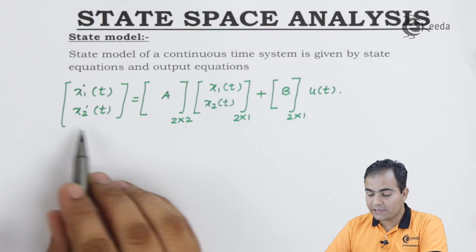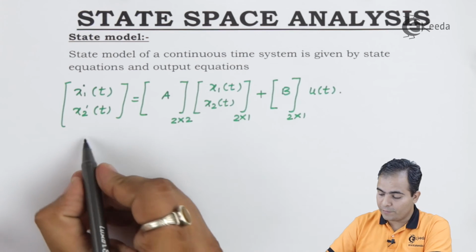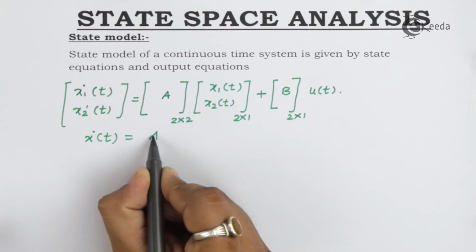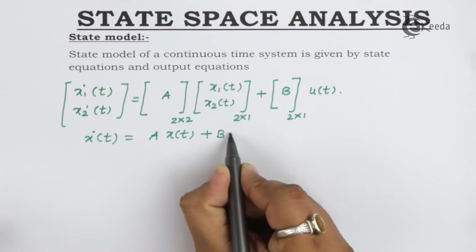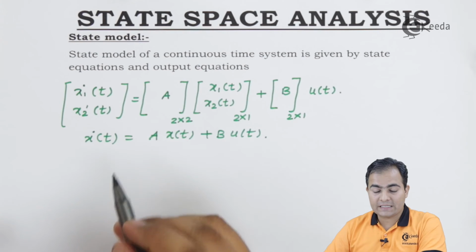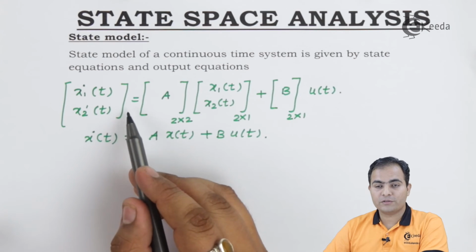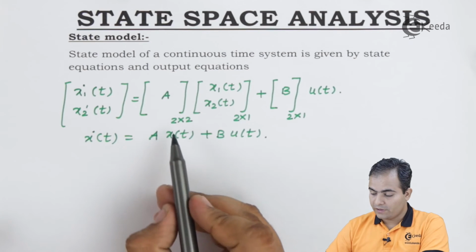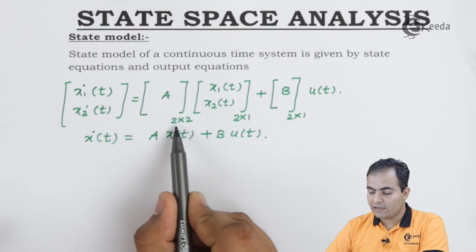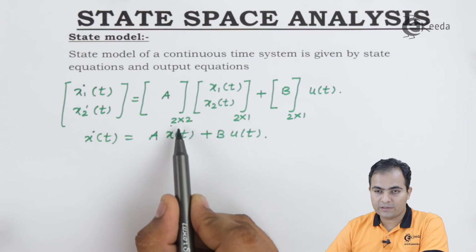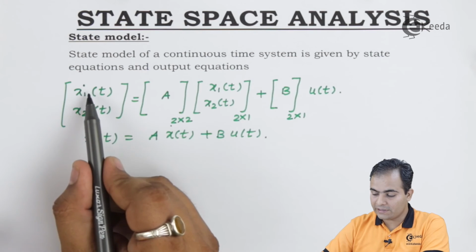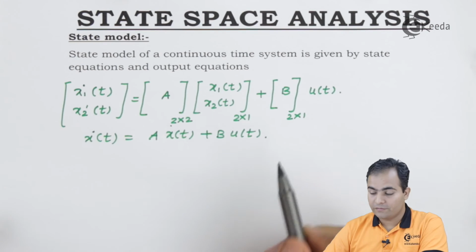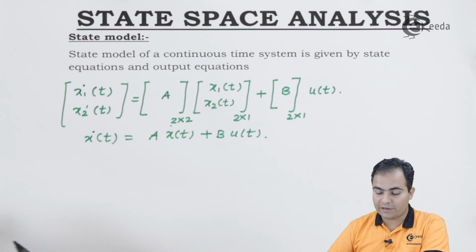If you want to write the state equation in equation form, then it will be, so I have shown the state equation in matrix form as well as in equation form, where the A matrix has 2 cross 2 elements, because I have considered my state variables to be 2.